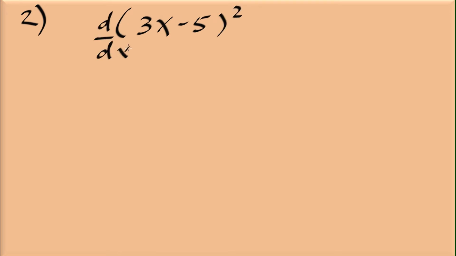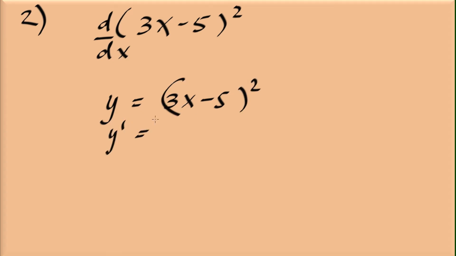Suppose we have 3x minus 5 squared. So what is the derivative of 3x minus 5 squared? You can rewrite this as y equals 3x minus 5 squared, and what is y prime?